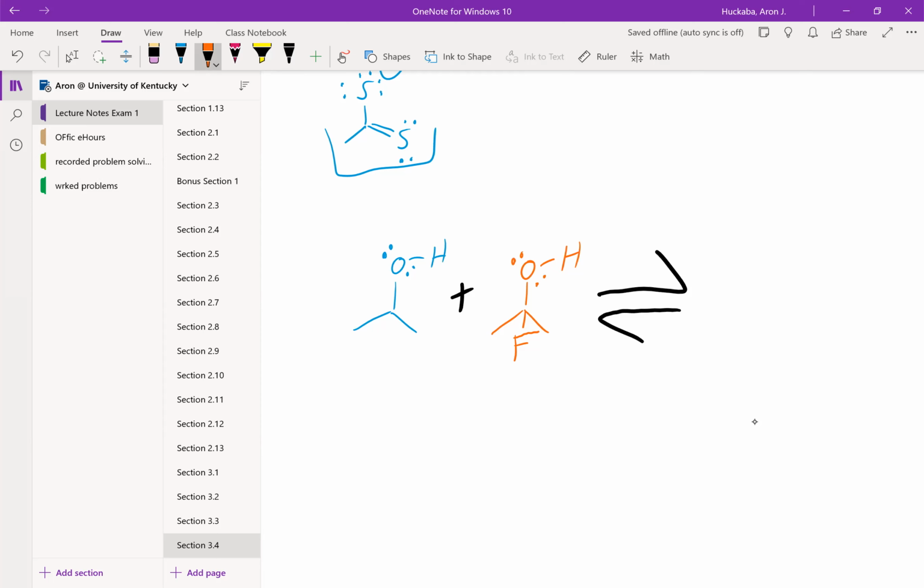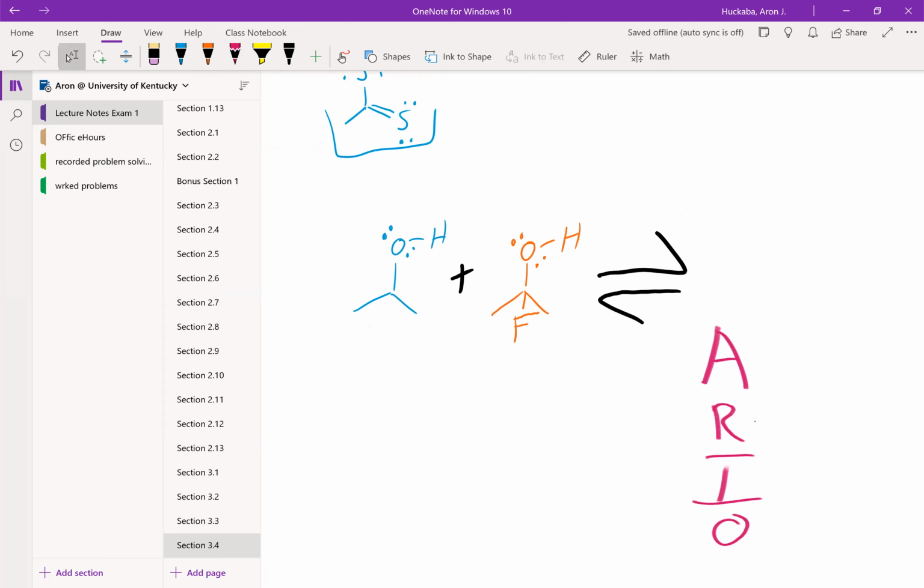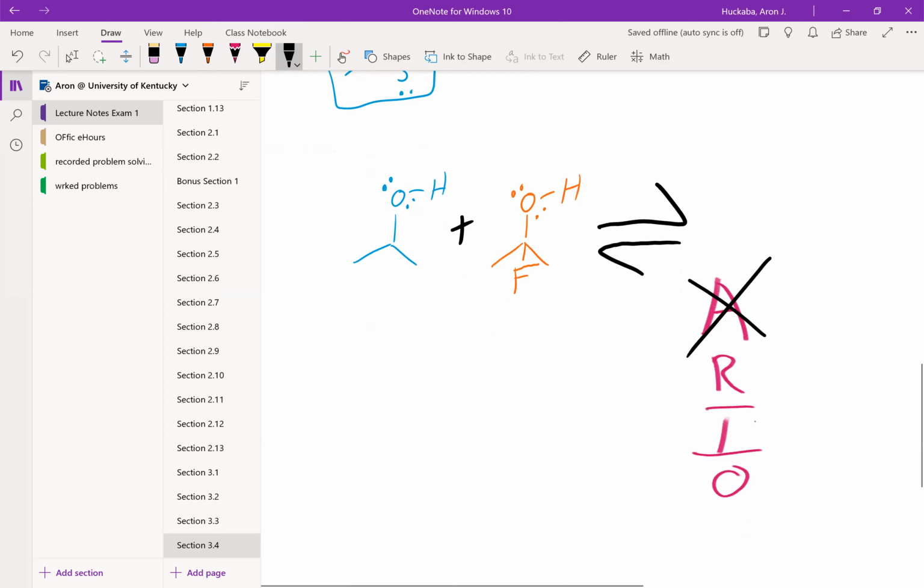Okay. As we said before, we're looking at ARIO, right? So here, notice that the atoms are both the same, so we can't use that. Neither of them have a resonance structure that can be made, so we can't use that.